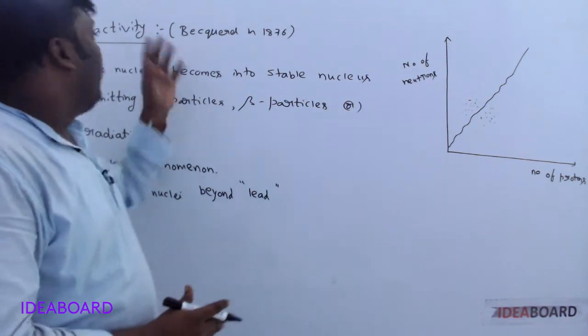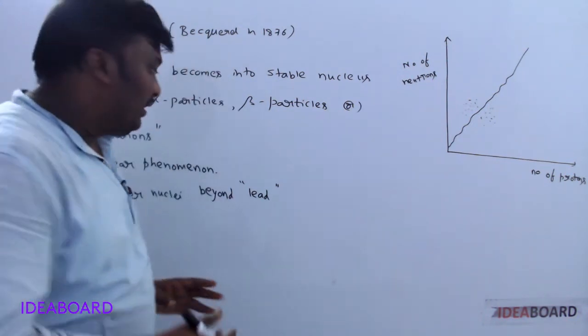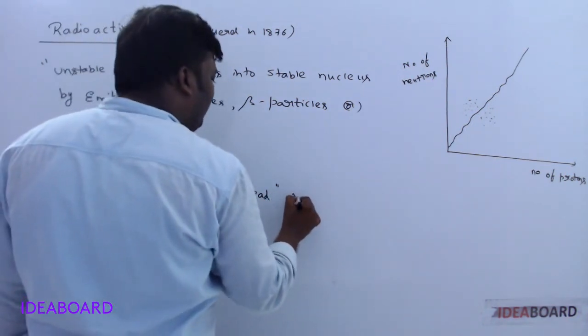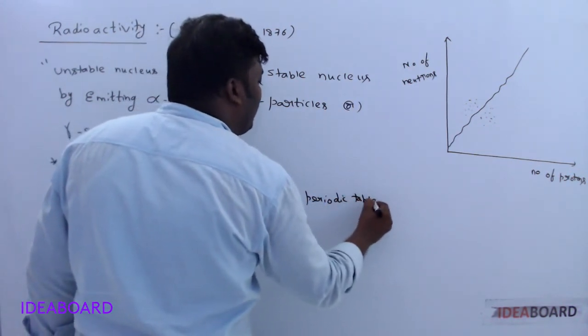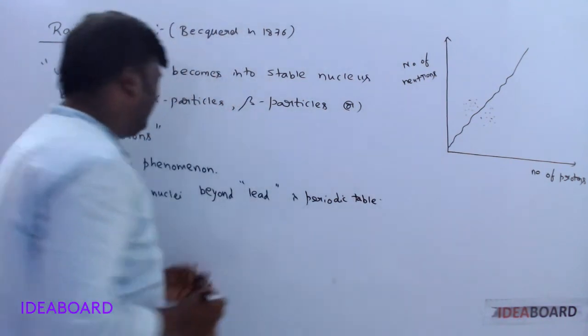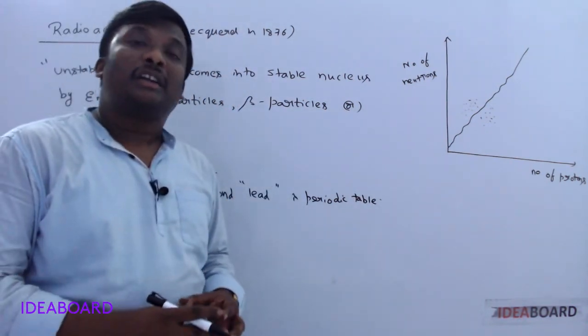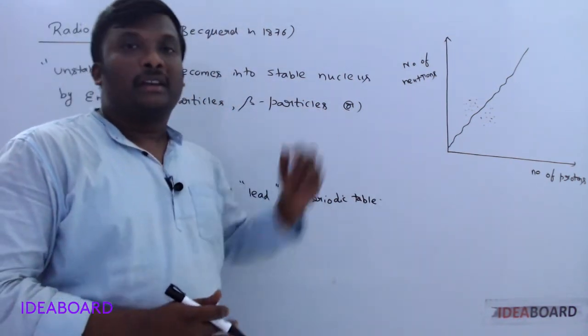In the periodic table, all the nuclei beyond lead try to participate in radioactivity.